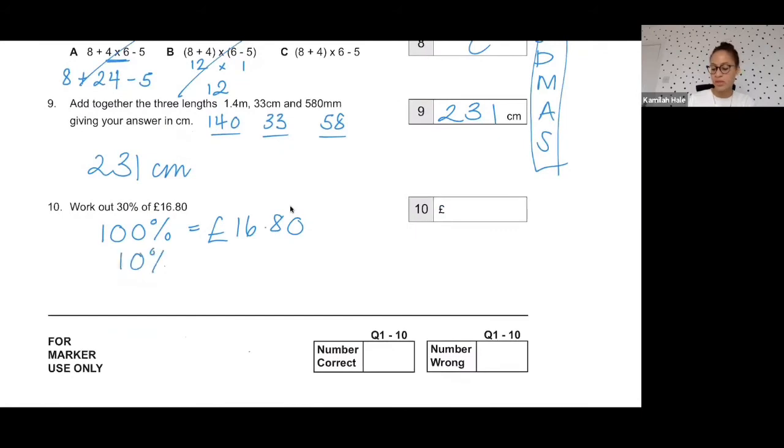I'm going to find 10% of the number rather than 1%, because 10% goes into 30. So 10%, I go from 100% to 10%, let's divide by 10. If I do that on the other side, divide by 10. So 10% of £16.80, we just move the decimal point one place backwards, that's 1.68.